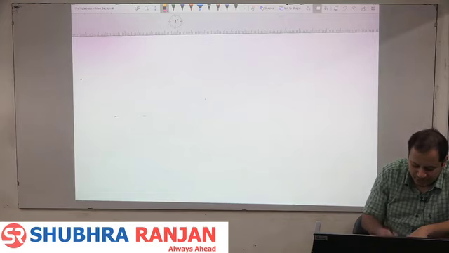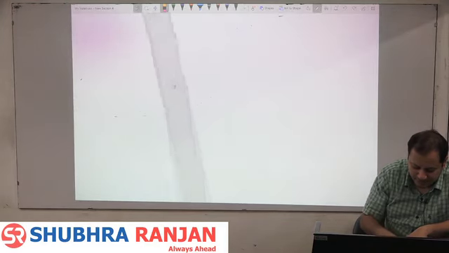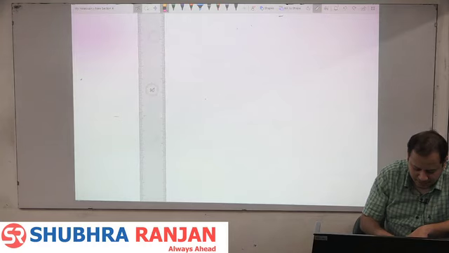Ekman ने कहा it should take place at 90 degrees, but reality में it will vary between 60 to 90 degrees. Draw this diagram with me.